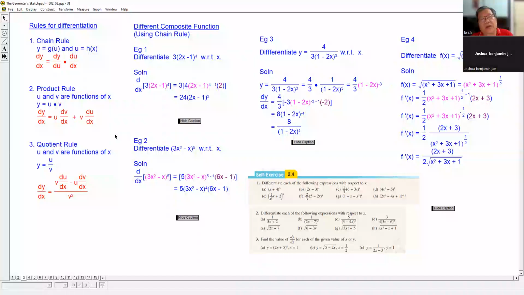Now, if it is just these 3 rules, then it's still easy. No? Sometimes the question will come when they combine chain rule with product rule, combine chain rule with the quotient rule, or those type of question more difficult, more difficult. So I start with the simplest one.